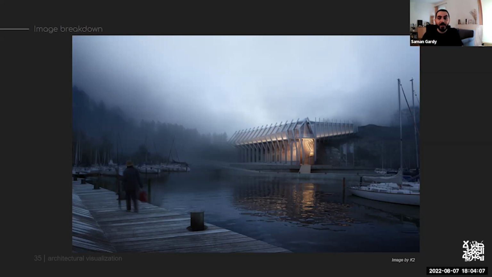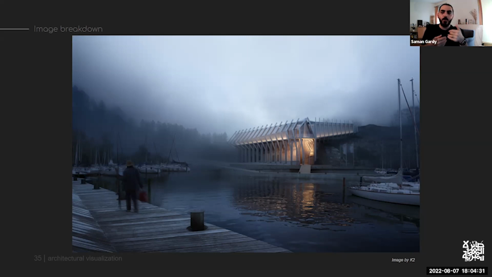So for that matter, I would start with the architecture studios, because usually visualization, as you gave the story, it's mostly used in competitions, because if you don't have a good visualization, your chance to win this competition is a bit low. The one who has the best visualization, believe me, is the one who wins the competition.